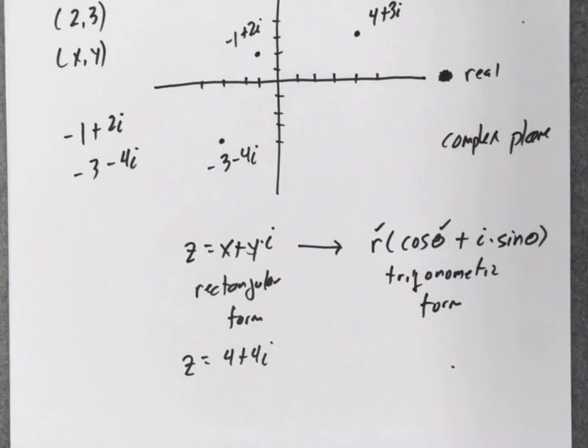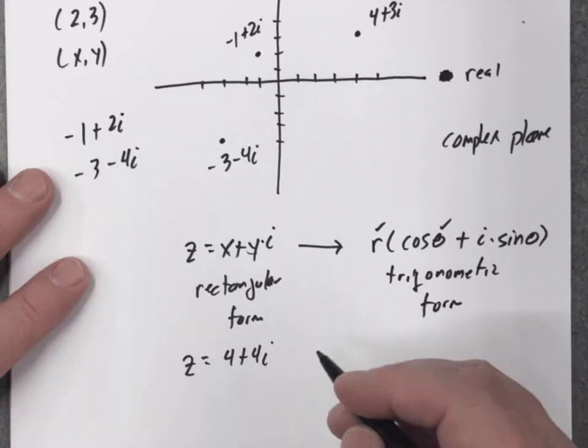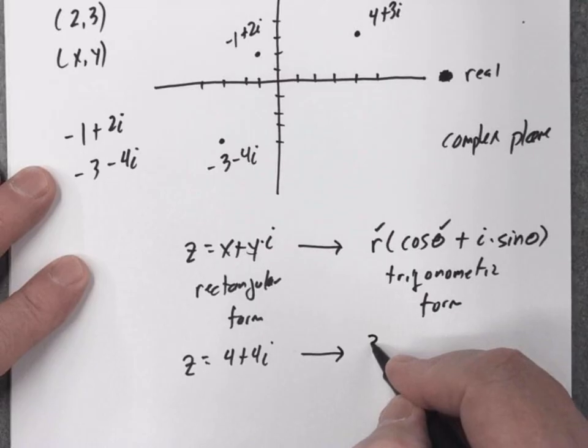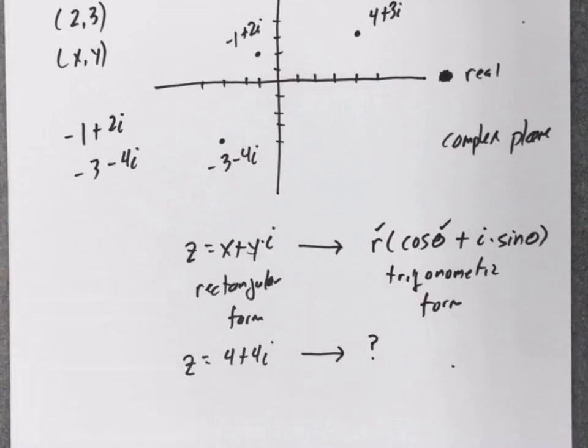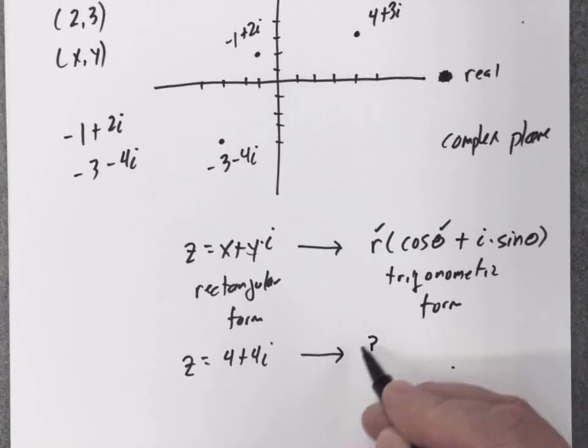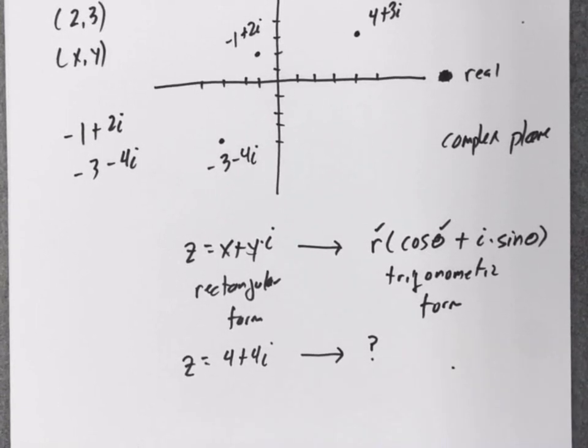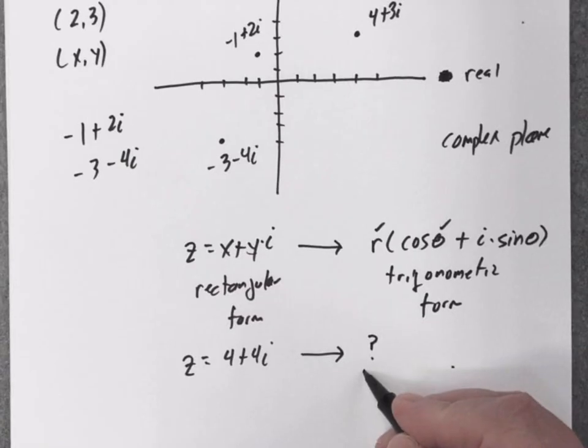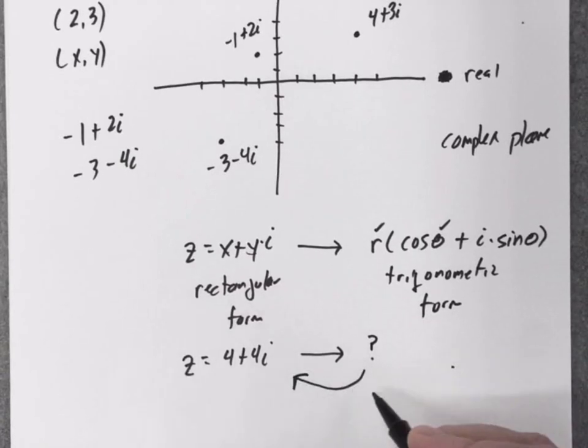So in a minute, we're going to take this problem and convert it into the trigonometric form. And then also, we'll go the other way. We'll do a problem where you're given a complex number in trigonometric form, and then we will figure out how to convert it back to what we call rectangular form.